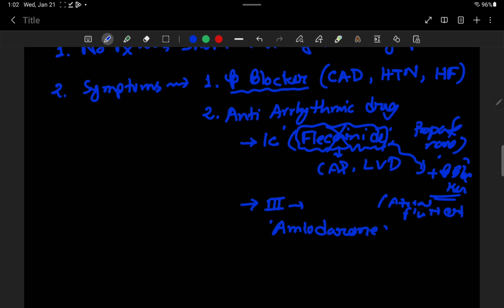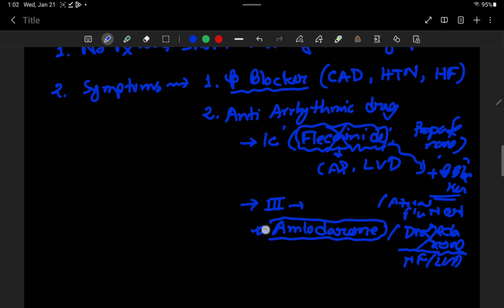This is the drug, and you can use it. Another option is dronedarone, but it is not given in heart failure or LV dysfunction. You can use only amiodarone in such cases. It's a good option.